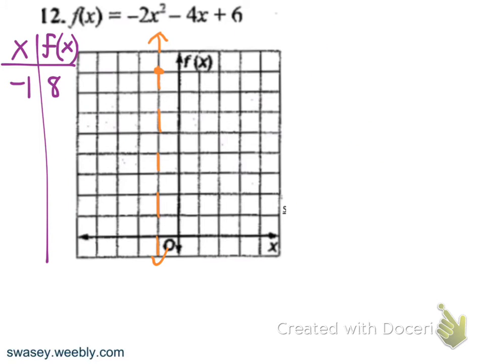Alright, so we have a point at negative 1, 8. That's our vertex. Now let's put in some values to the right of negative 1, like 0 and 1. So everywhere there's an x, we'll put 0.